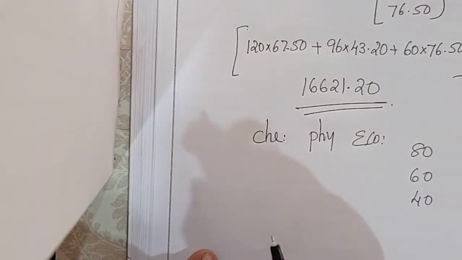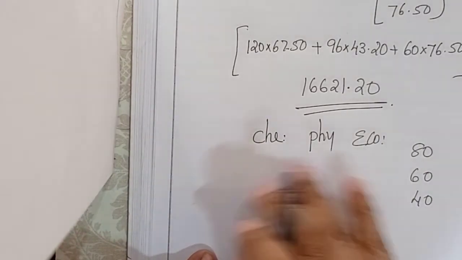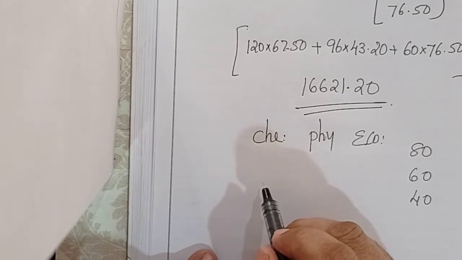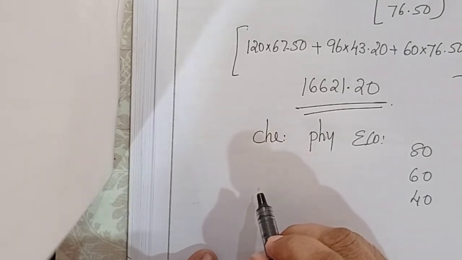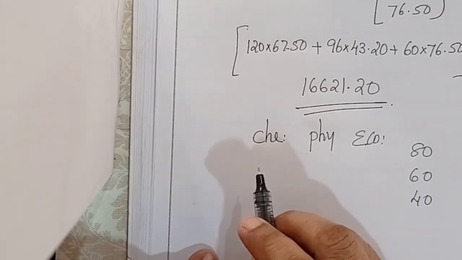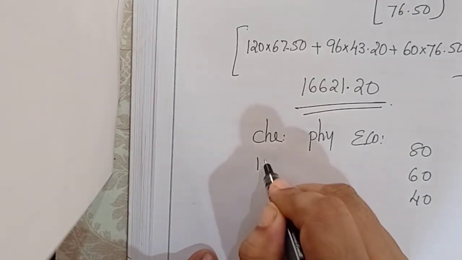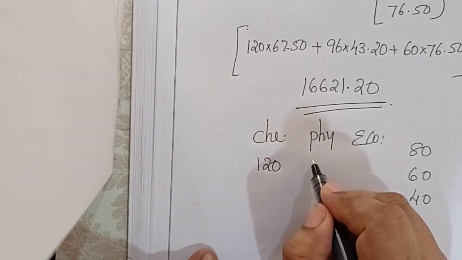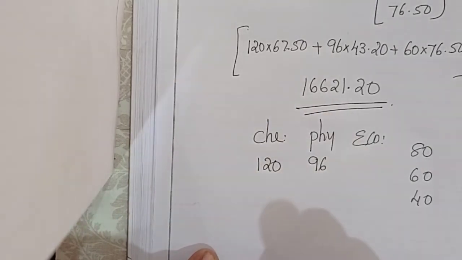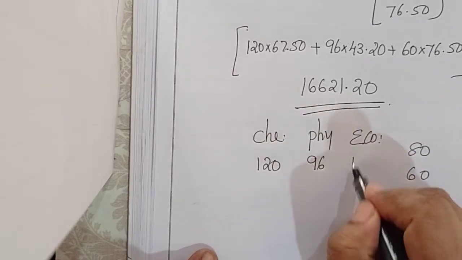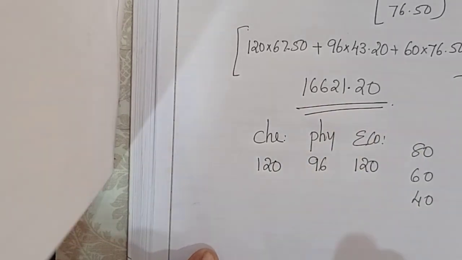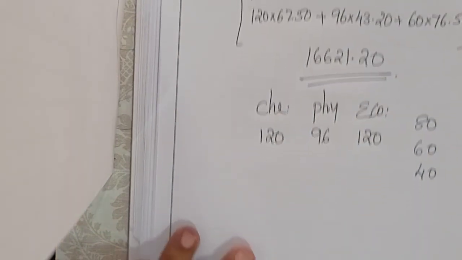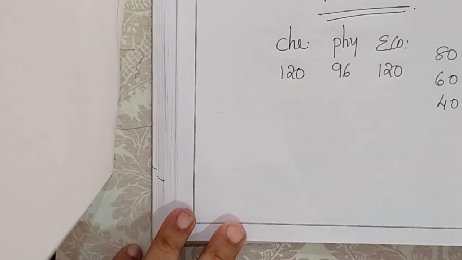Find the total cost. Here, this is a very simple question. All of you read the first line. A school has 10 dozen chemistry books. 10 dozen again, 120. 8 dozen means 12 eights are 96. And the last one also 120, isn't it?